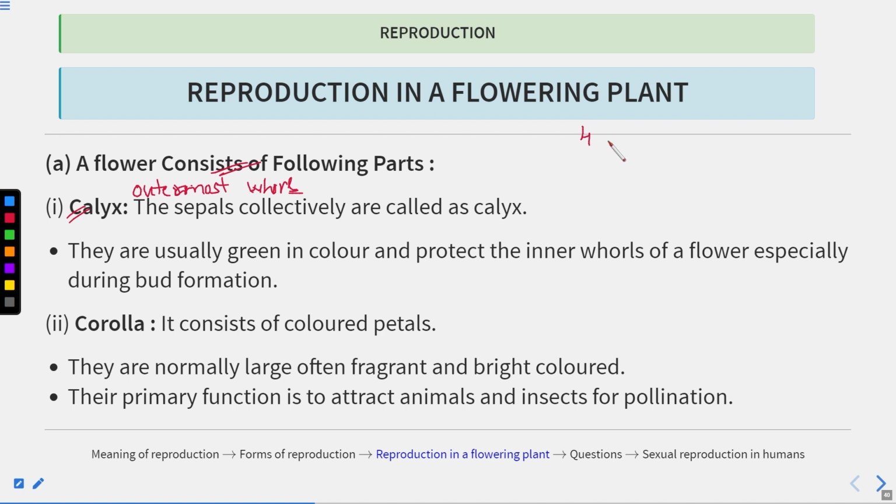A typical flower consists of 4 whorls. The first one is the calyx, which is the outermost. Inner to calyx we have the corolla. Then inner to corolla, what is present? Androecium, which consists of the stamens, and the innermost whorl is known as the gynoecium.